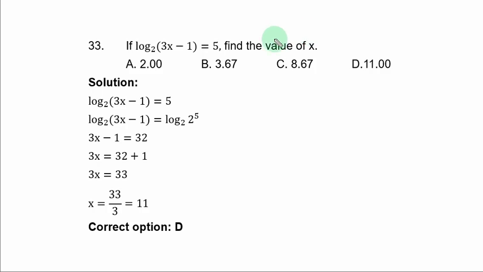Question 33. If log of 3s minus 1 to base 2 is equal to 5, find the value of s. To do this, we want to equate log to base 2. We can only do that if we have log to base 2 on the right hand side.